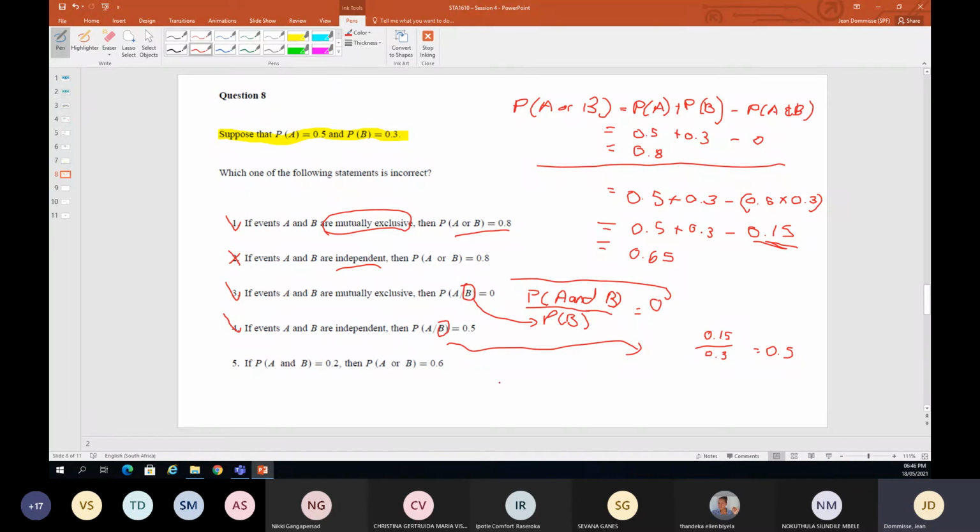So it will be probability of A, which is 0.5, plus probability of B, which is 0.3, minus the AND, which is 0.2, because that is what they give us this time. So 0.5 plus 0.3 gives you 0.8, minus 0.2 gives you the 0.6 that you are looking for. Okay, so that would also be correct and how you would have calculated that.